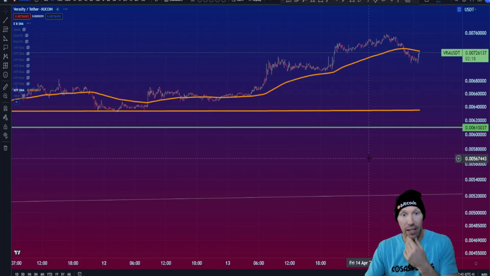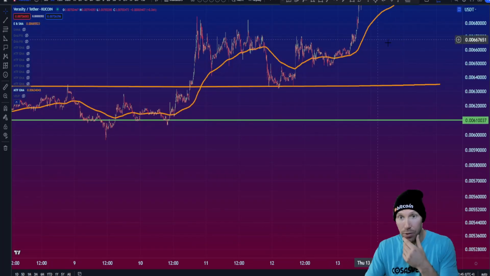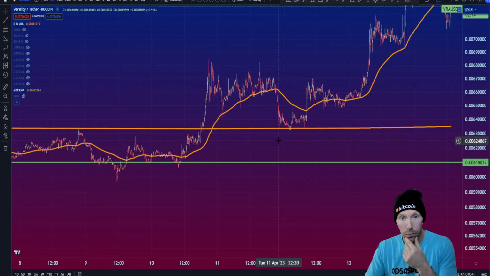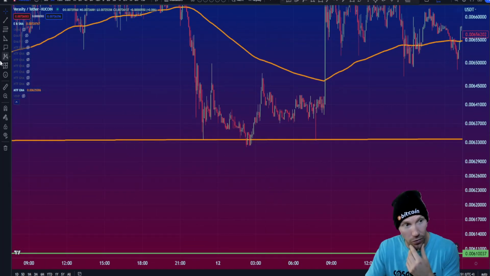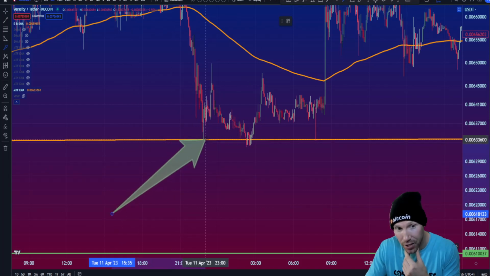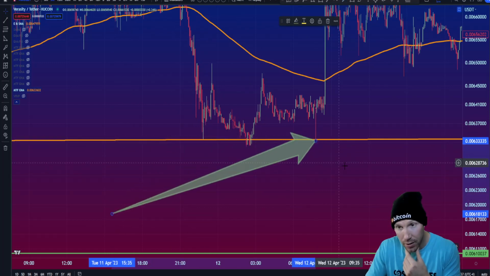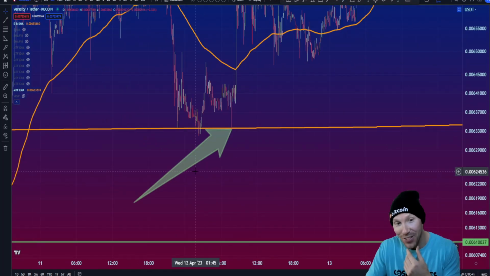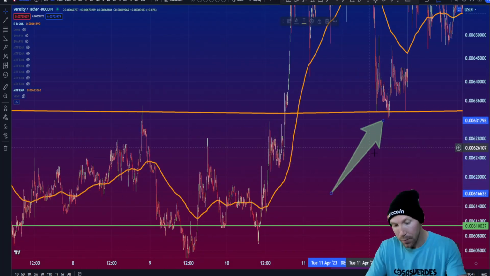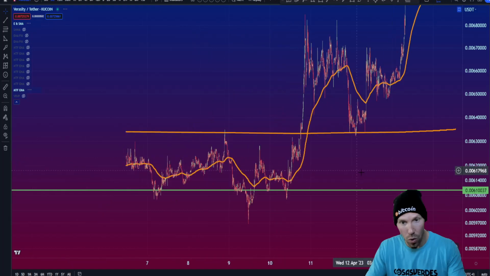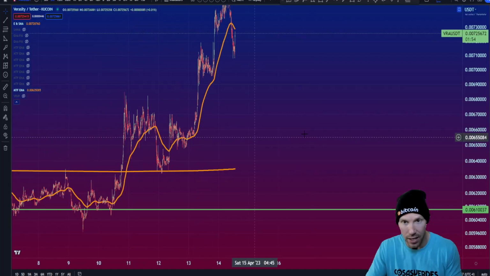I would have the daily 200 on at all times. Look how perfectly it interacted with it. This is the stuff you're looking for. Basic support and resistance. I'm on the 5-minute chart, and this is the daily 200. Do you see that? I would definitely have this line at all times on my chart. Look, this is what's going on right here. And that is what we have for Verasity.